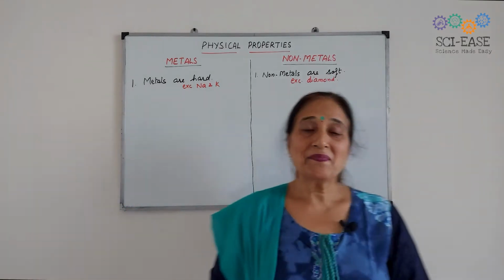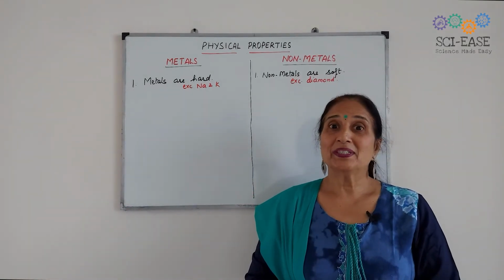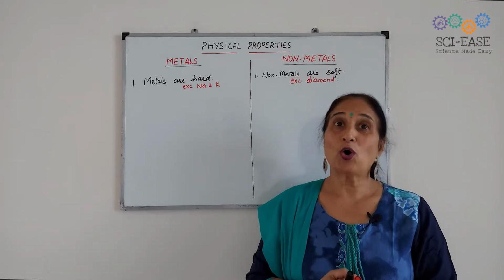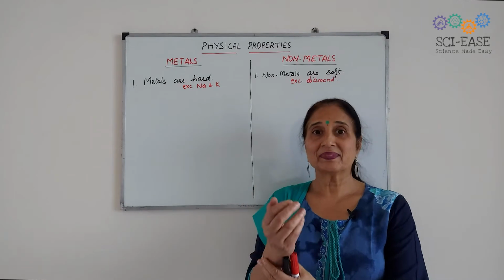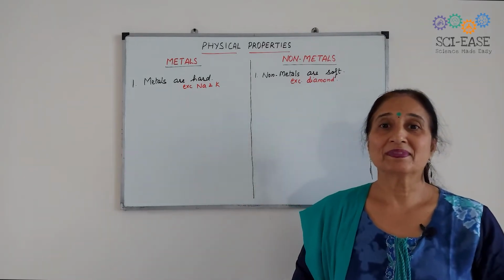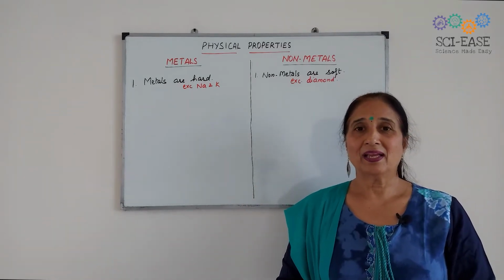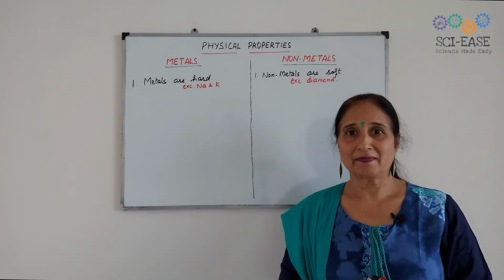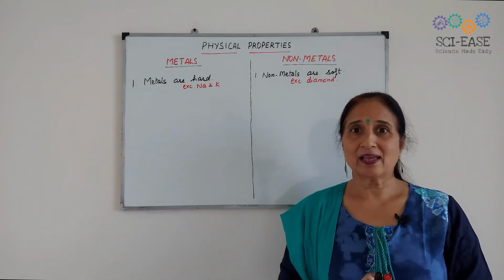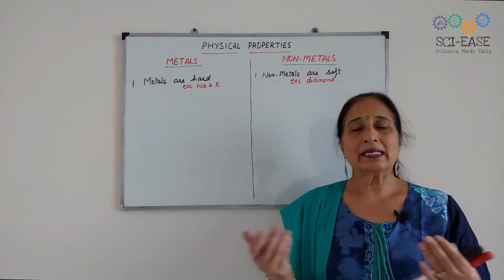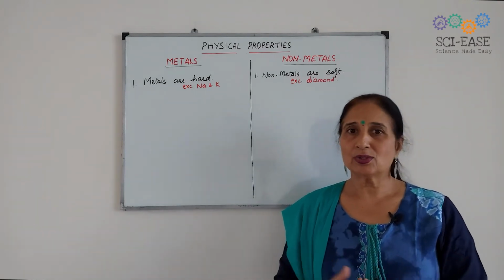Now next thing, you observe the ornaments made up of gold, silver, platinum. They all are shining. They have the shiny appearance, you can say. Other metals like aluminium, etc., they are also shining.